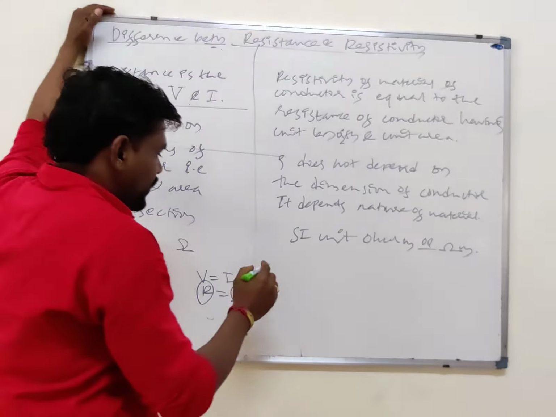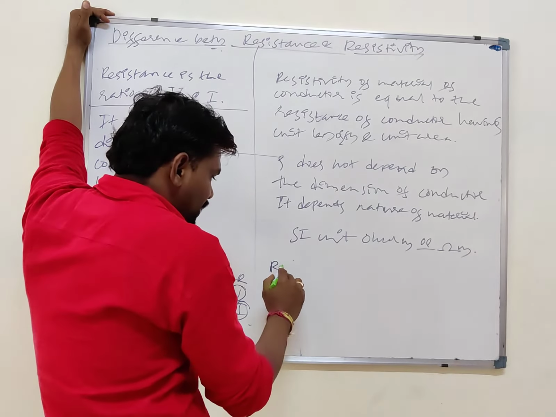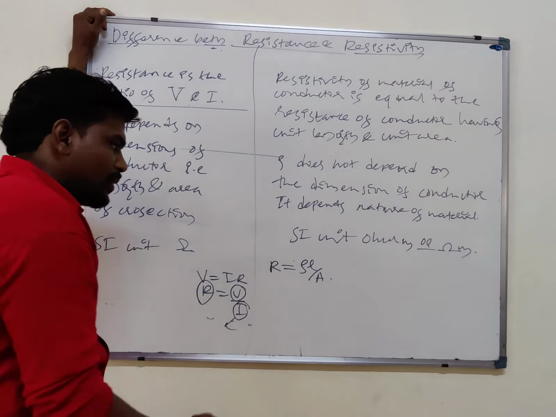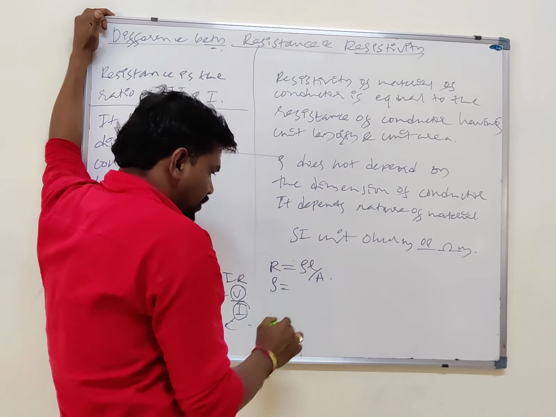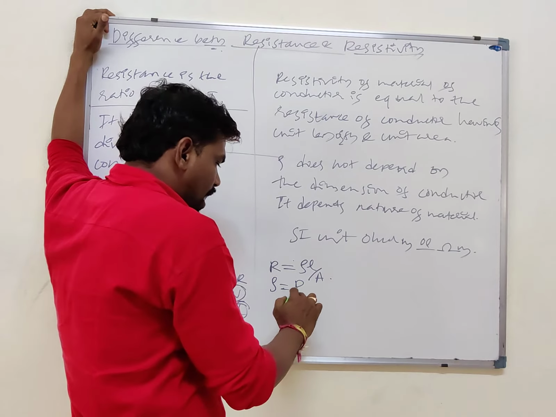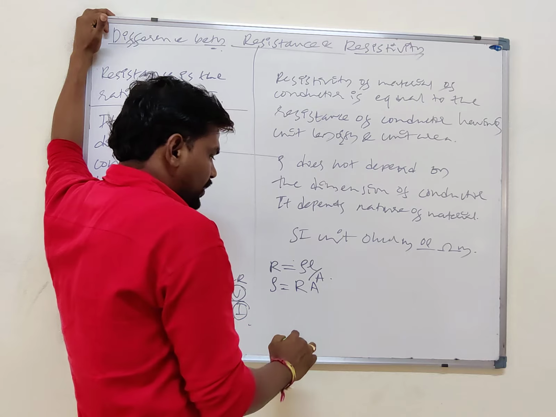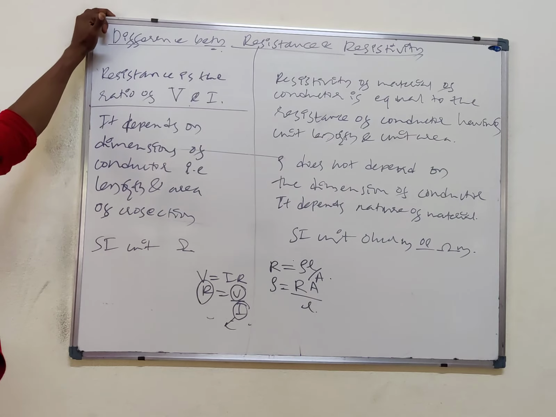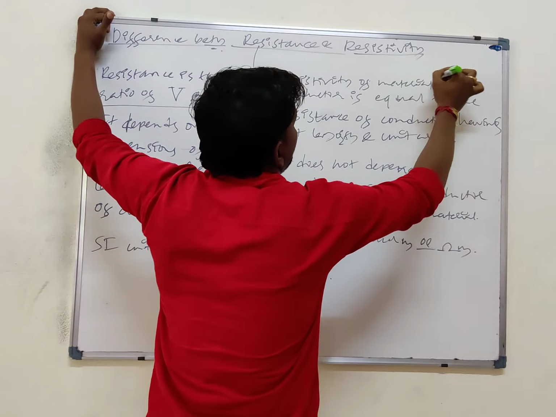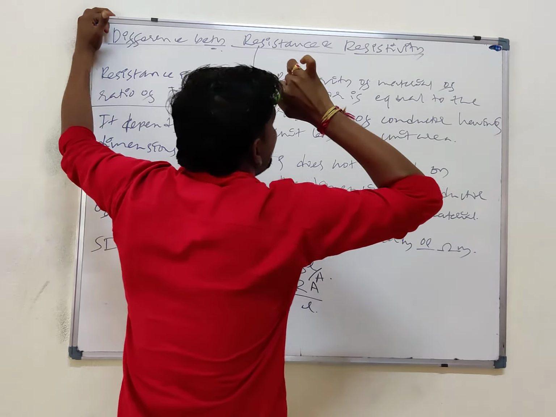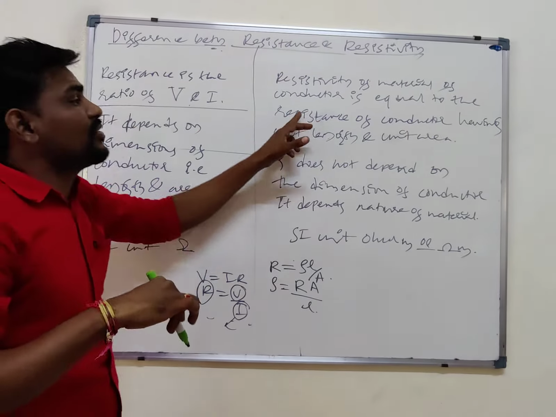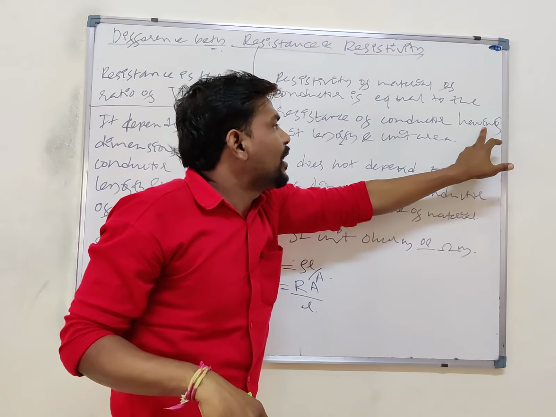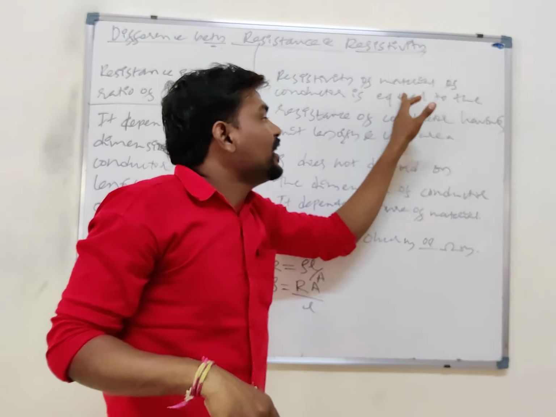Now see here, this resistance is equal to rho L divided by A. So rho is equal to R times A divided by L. Resistivity of the material of the conductor is equal to the resistance of the conductor having unit length and unit area.